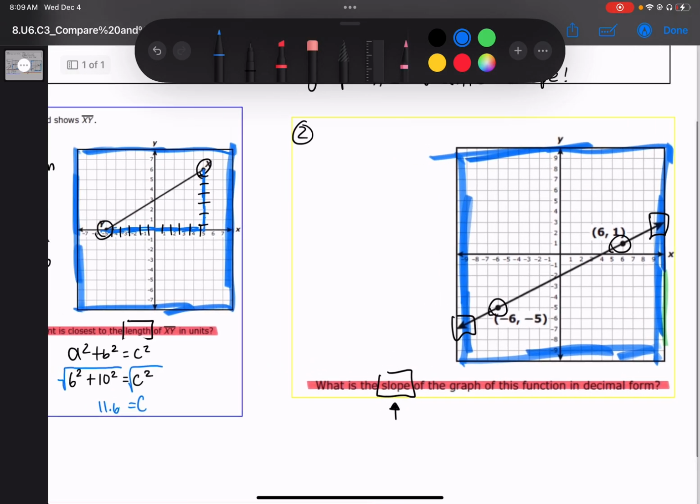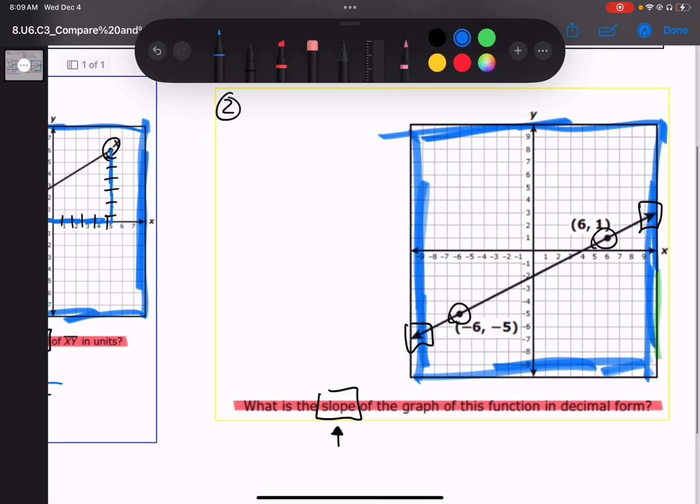Now for number 2, graph number 2, it is asking for the slope. So I need to use the slope formula, which is m equals y minus y over x minus x. That's the way to solve this one. So I need to put these points in the table. Deja ponerlo en la tabla.